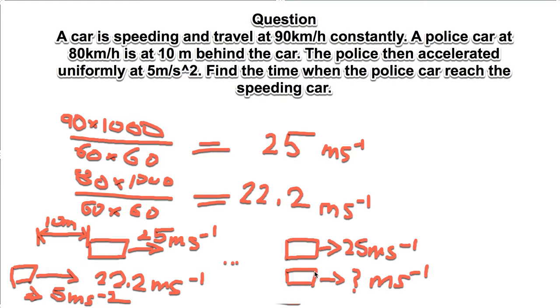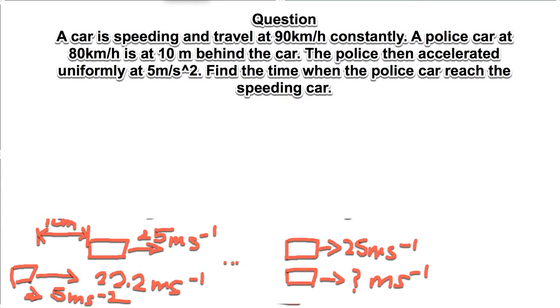So in this case, what can we do? One thing we definitely know for this question is that the distance from the police car's starting point to this point is the same for both cars.